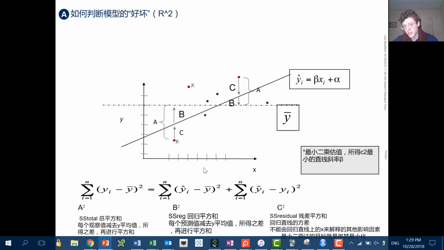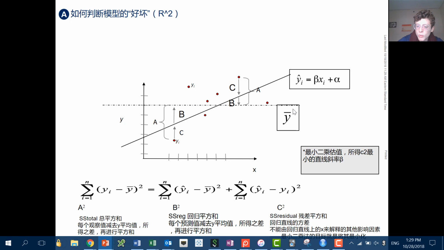The second thing to know is that R squared is a comparison. You're looking at how much variance there is, the distance between points and the line, compared to the distance between the point and what the line would be from the mean.